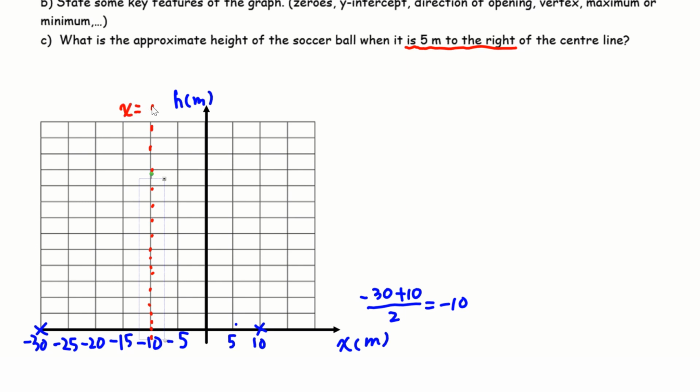And the vertex will be on this axis of symmetry. So we could go by 1 on the y-axis. So this is your vertex, -10 and 6. If we connect it, the pathway will be like this.